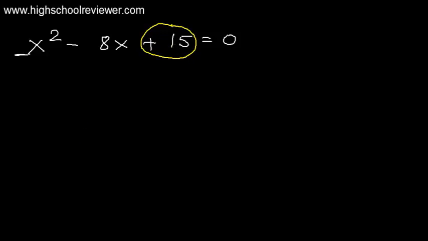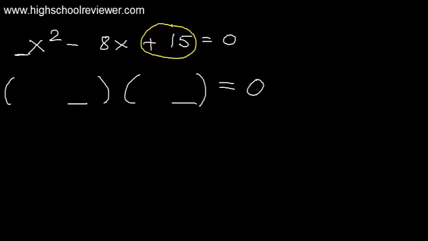So we will have two sets here, and then equate this to 0. The last numbers will be the factors of positive 15. Meaning to say, they are two numbers that will give us a product of positive 15.